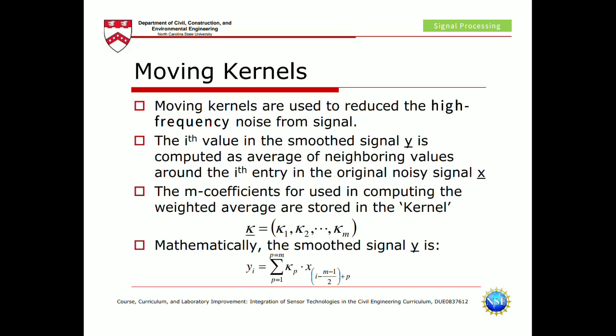So you just write down the m coefficient values; k_p is the kernel coefficient. This is the smooth signal y, and the m coefficients used in computing the weighted average are stored in a kernel.